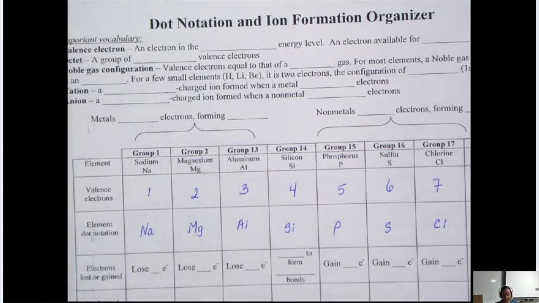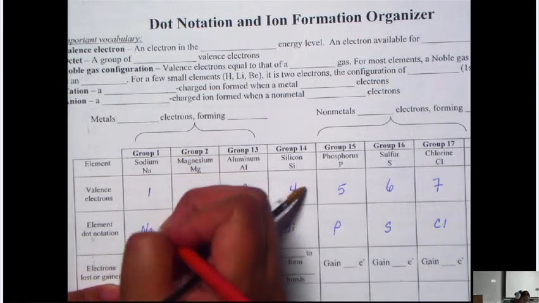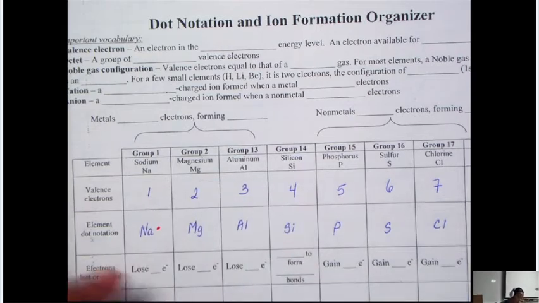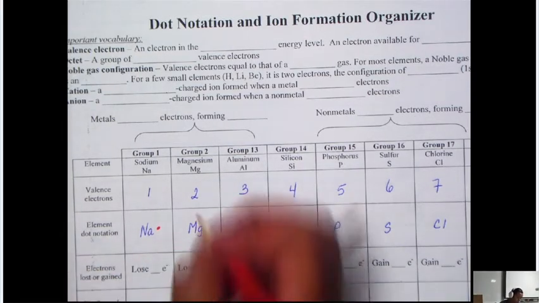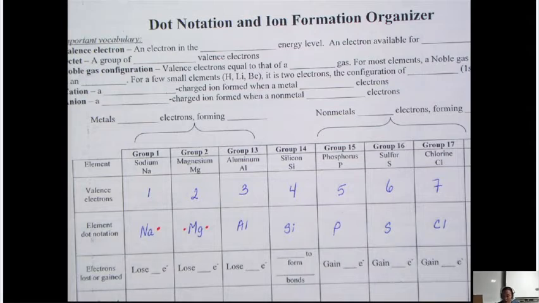Okay, so next I'm going to add the dots. So sodium is going to have how many dots on it? 1. So again, every valence electron it has, you're going to have that many dots. Magnesium has 2. I'm going to put my dots here. It does not matter what side you put your dots on, as long as you keep them separate until you have 1 dot on each side.